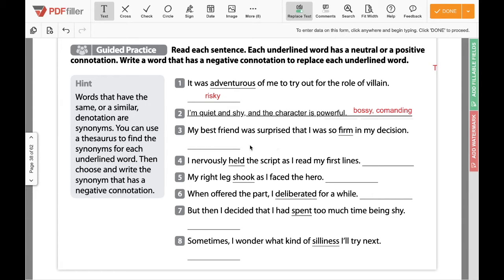So the next one says, my best friend was surprised that I was so firm in my decision. So here, the denotation of firm, or just the regular meaning of firm, is that they were solid, or they had already decided their decision. They weren't really going to change from that decision. So now we want to look for a word that is more of a negative term for firm. We could say something like unrelenting.